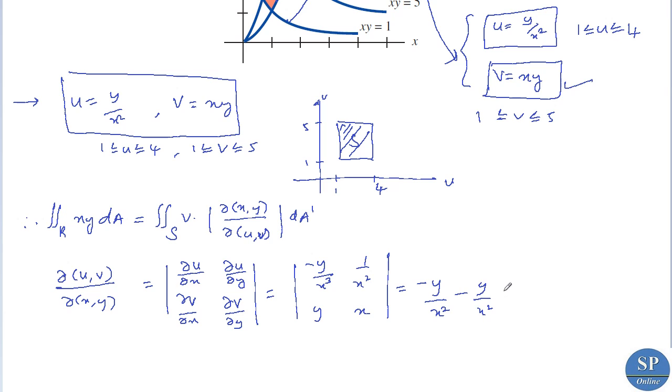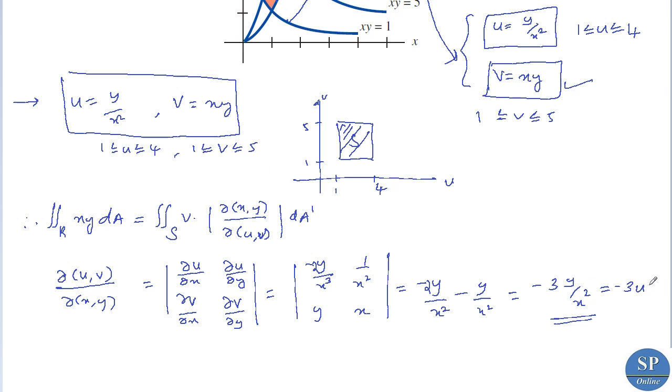That is minus 3y by x square, which we can write as minus 3 into y by x square, replaced by u.